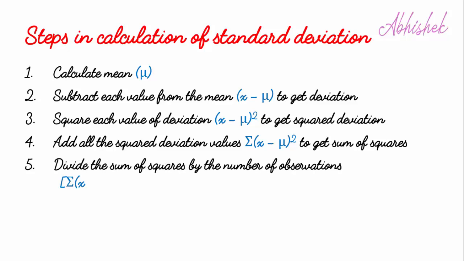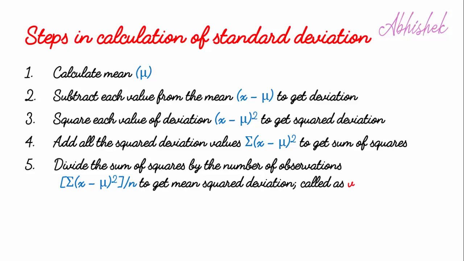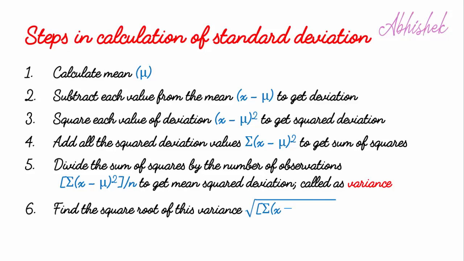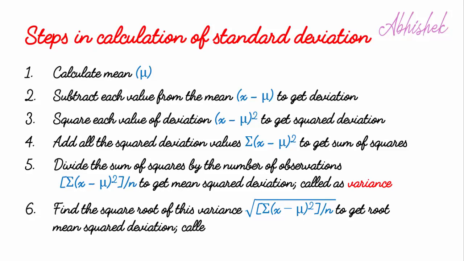We divide the sum of squares by the total number of observations to get mean squared deviation. This is called variance. And the final step is to get the square root of the variance to get root mean squared deviation. That is nothing but standard deviation. These are 6 important steps while calculating standard deviation.